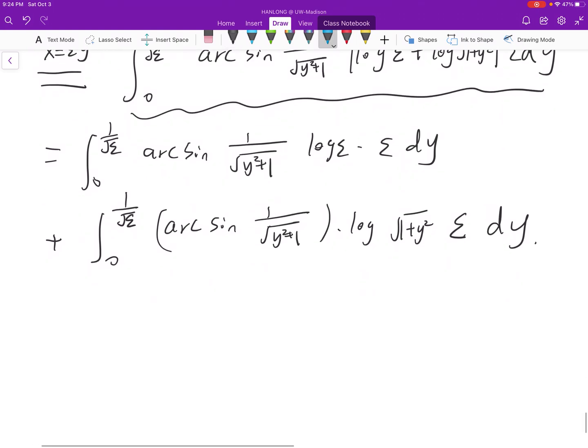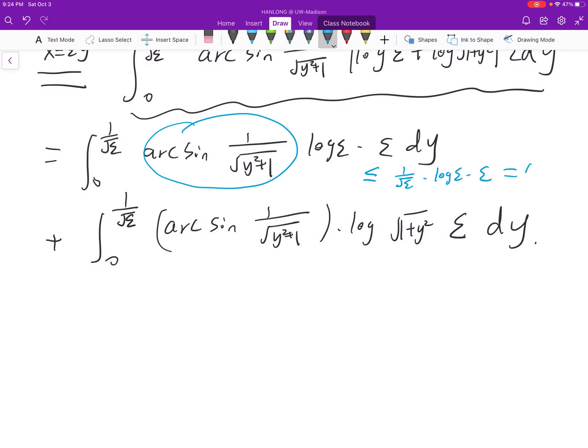Okay, and then for the first term, this part is bounded, so this will be less than 1 over square root epsilon times log epsilon times epsilon. So this is bounded by square root epsilon times log epsilon.